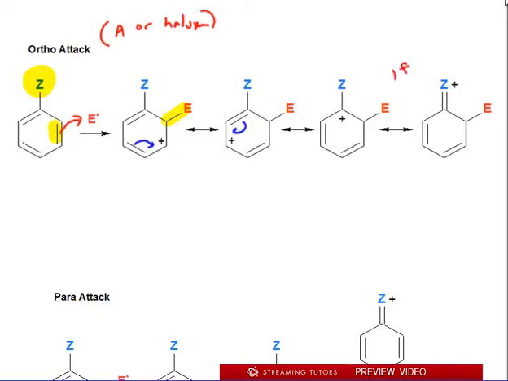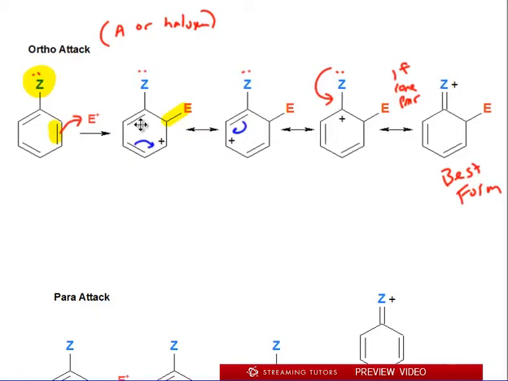If Z has a lone pair, like oxygen, for example, or halogen, then what this can do is it can drop down and give us a new resonance form. Not only is it new, but this is actually the best form that you can get. Why? Because notice that you get an extra double bond.